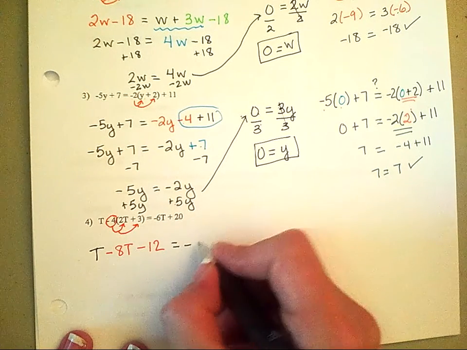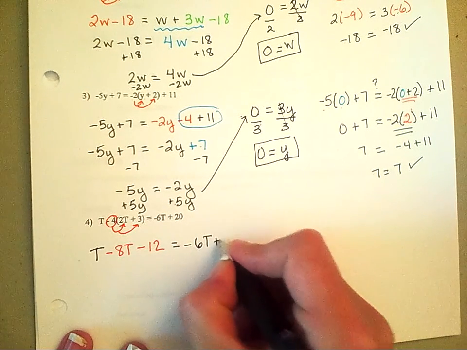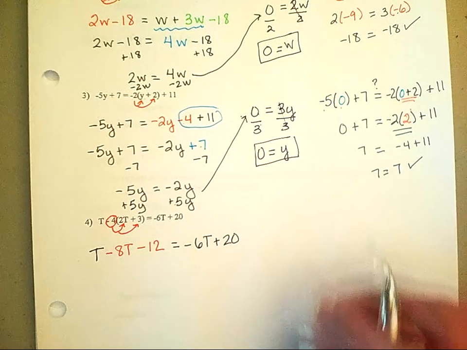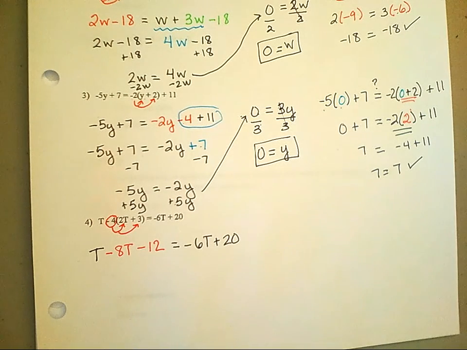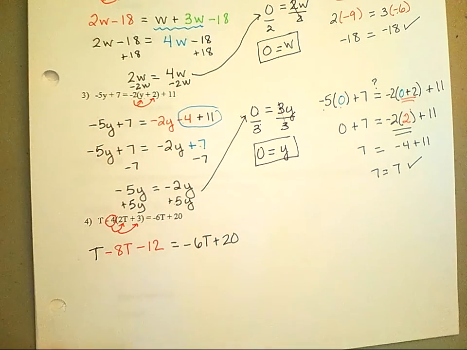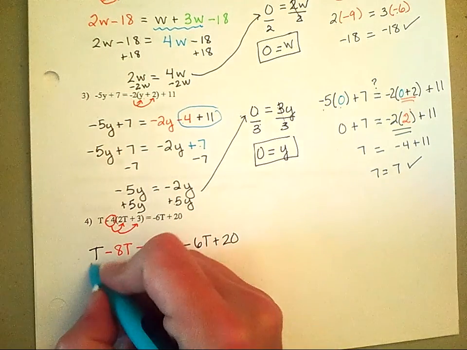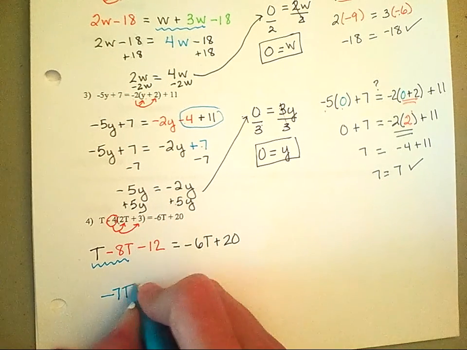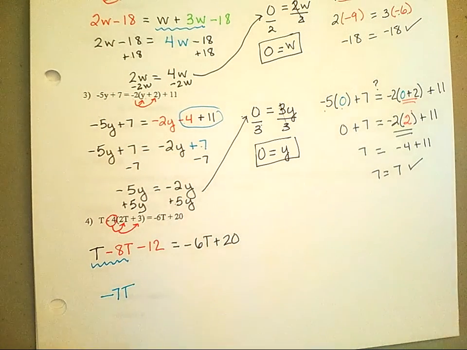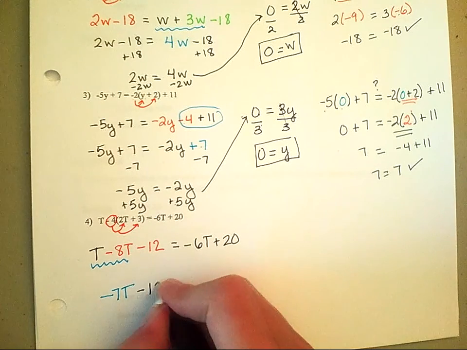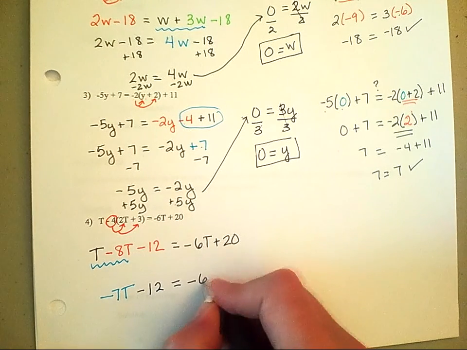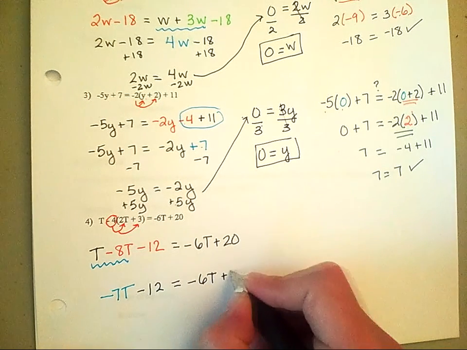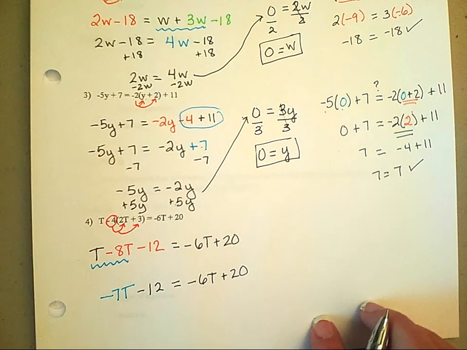And does that equal, well, it does equal negative 6t plus 20. So here we'll combine our like terms. If I have 1t and I take away 8t's, I have negative 7t's left. Then minus 12 is equal to negative 6t plus 20.